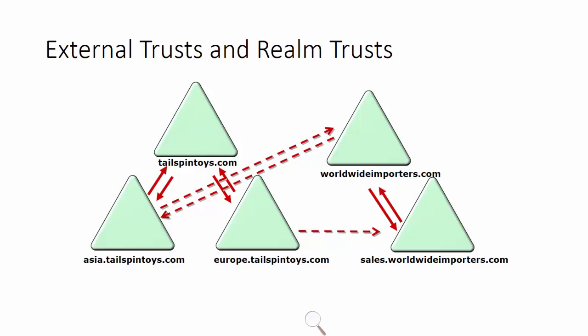Okay. So realm trust or external trust. There's a difference here. What is the difference? So first of all, external trust. What is that? External trust is when a child domain of a Windows forest is connecting to another forest.